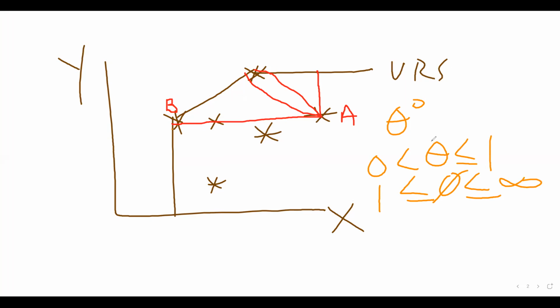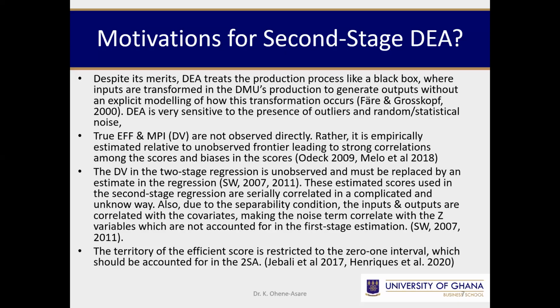Now, you can see that most of the time, firms that are efficient will carry a score of 1. And so usually, not all the time, there is a higher mass of probability of the scores at 1. Most of the scores are 1. We would have expected some normally distributed kind of thing, but most of the scores peak at 1.